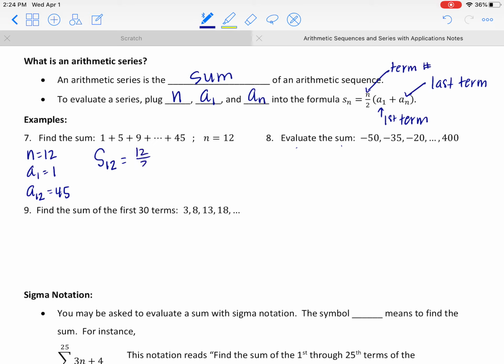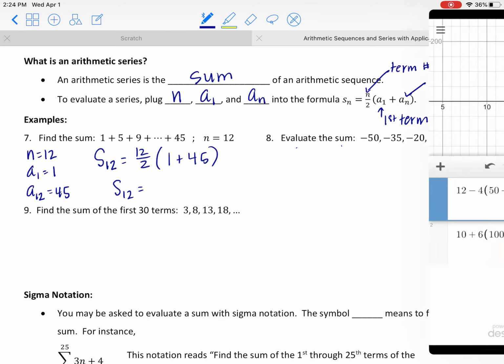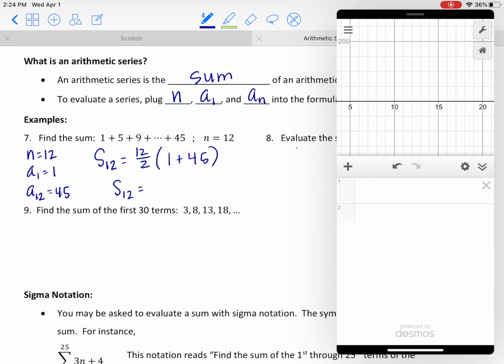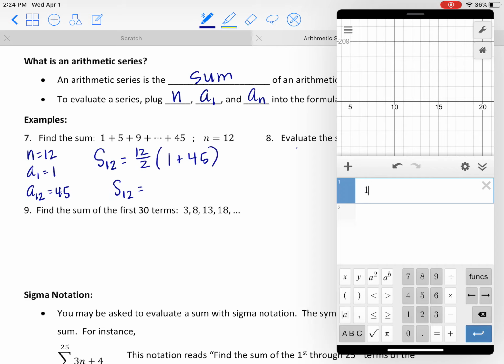So those 3 pieces get plugged into our sum formula. So we would say the sum for these 12 terms is going to be 12 divided by 2 multiplied by a sub 1 plus a sub n. So we're going to look at 1 plus 45. I'm just going to go to my calculator now, again, just to avoid any mistakes.